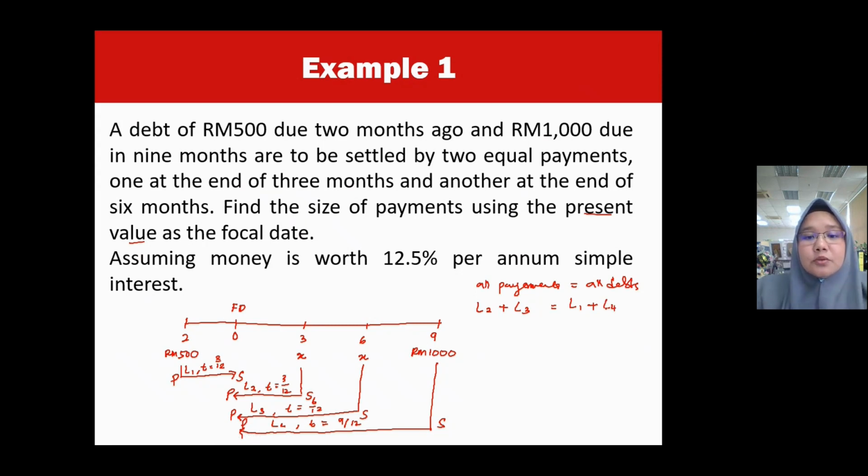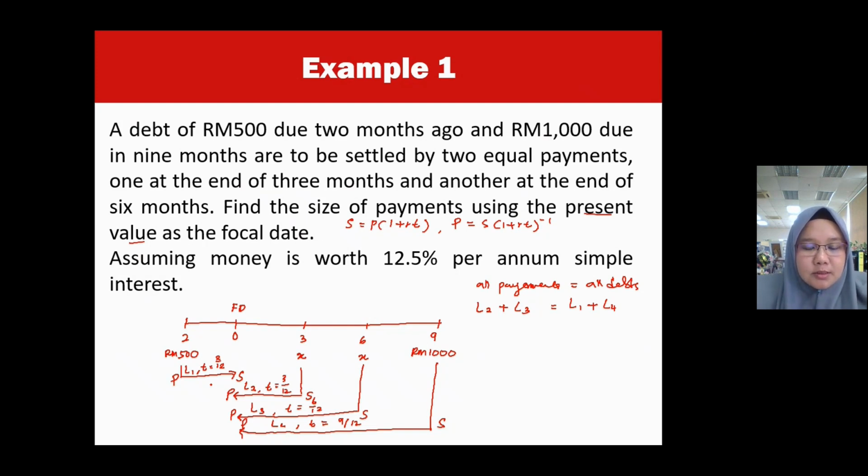Okay, so here there are 2 formulas involved: the S formula, simple amount, S equals P(1 + RT), and another one is present value, which is P equals S(1 + RT) to the power of -1.